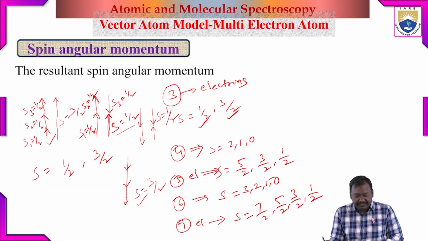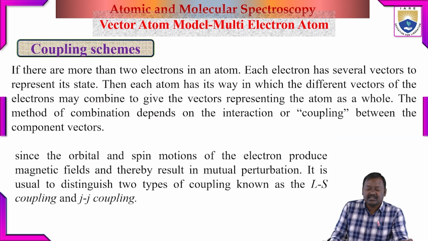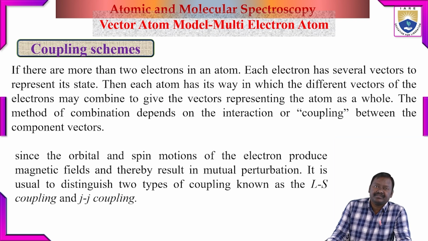And again, let us discuss coupling schemes. If there are more than 2 electrons in any atom, each electron has several quantum numbers to describe its motion. As we discussed in the earlier lecture, every electron in the atom can have 7 quantum numbers.